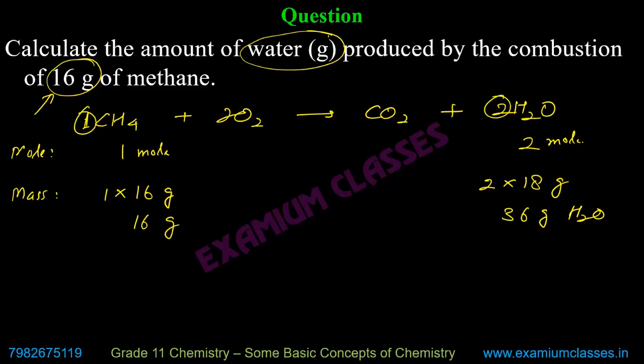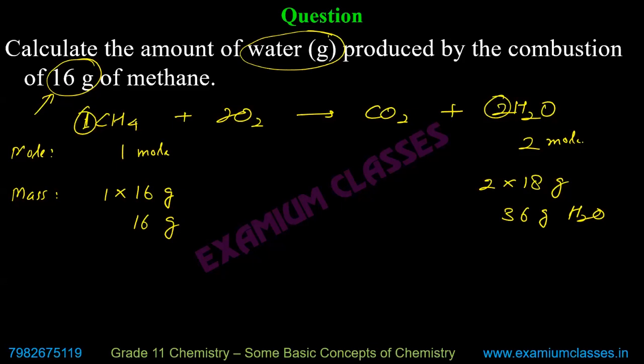The question says calculate the amount of water produced by the combustion of 16 grams of methane. So I have written the equation of combustion of methane. Then I found the molar ratio of methane and water. Then I found the mass ratio. Is that clear? Any confusion, let me know.